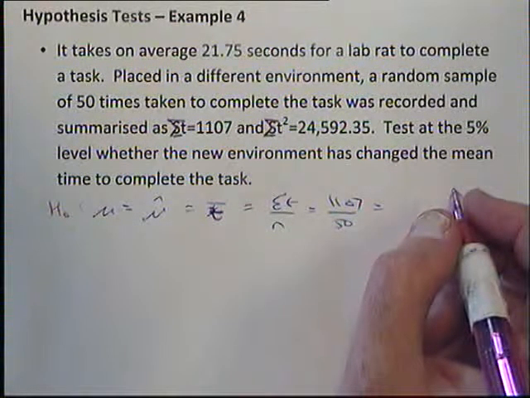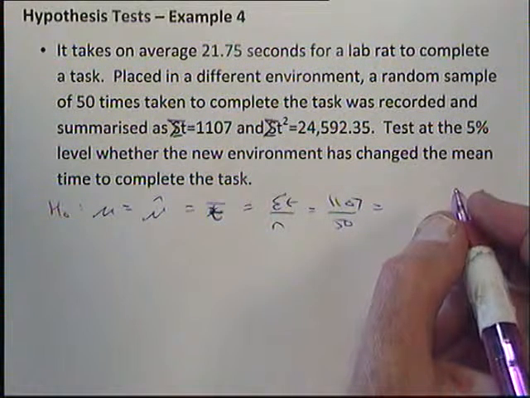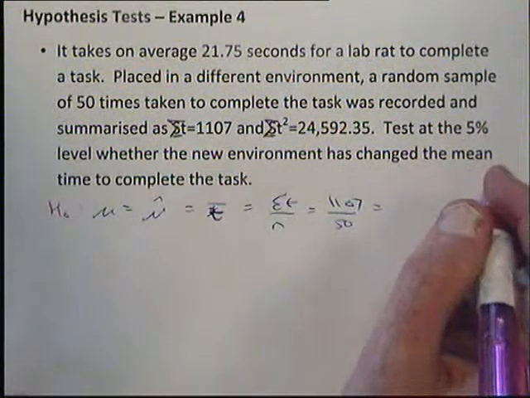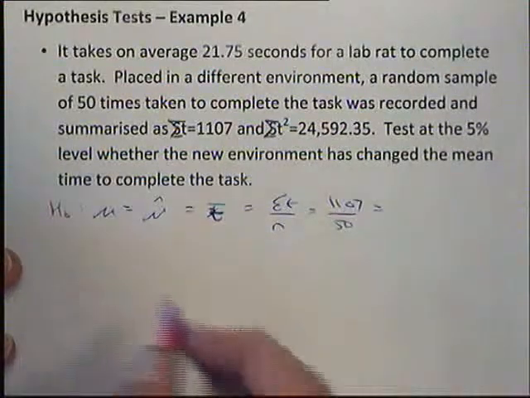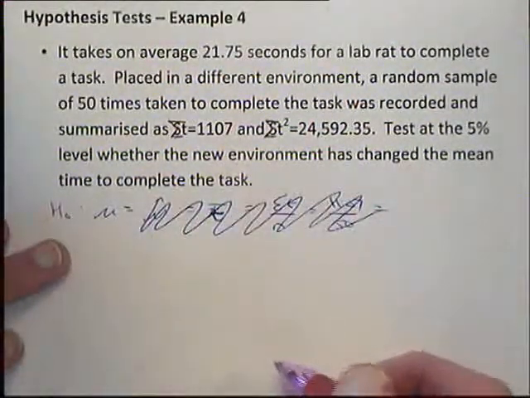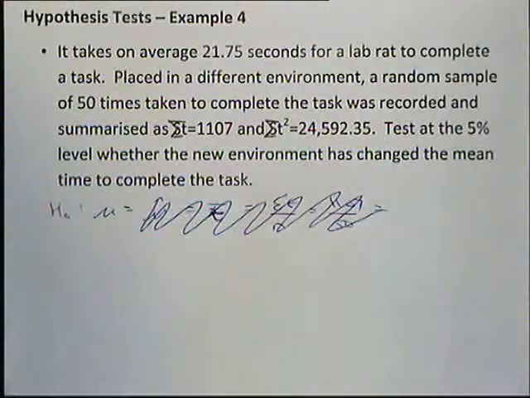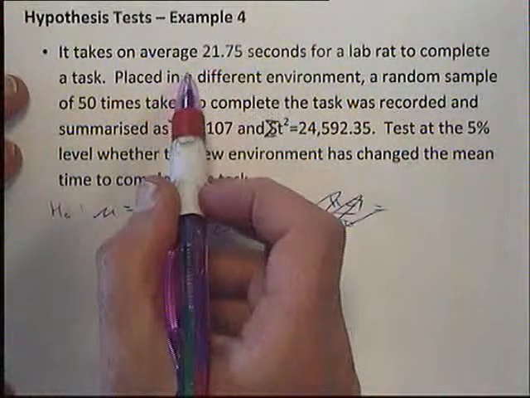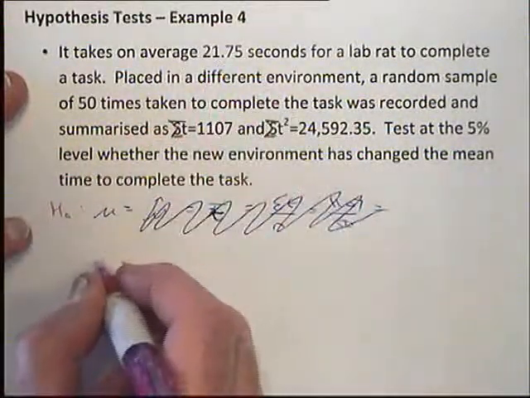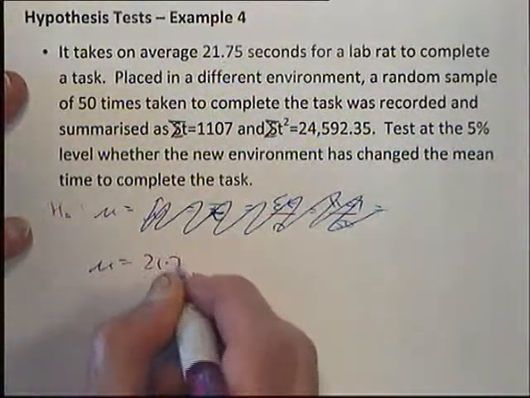Why is the mu not the 21.75? Oh, you're quite right. It's 21.75. I haven't read the question carefully. Yeah, you're quite right. That's a load of rubbish. Scrub that out. Sorry, thank you. Well spotted. If you actually read the question carefully, it tells you that the mean is 21.75.